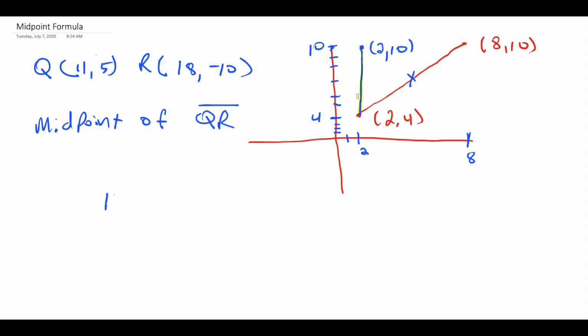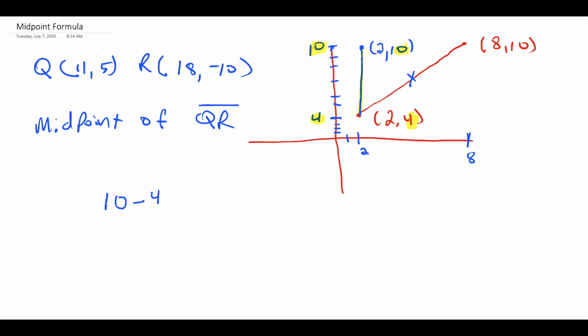You can look at these numbers right here. One way to think of it is do big number minus little number. So 10 minus 4 gives you the distance, which would be 6.